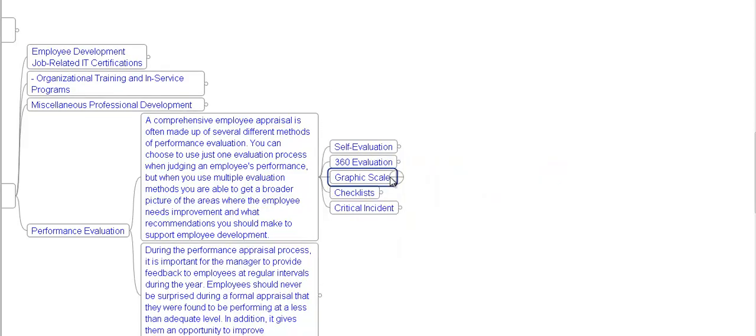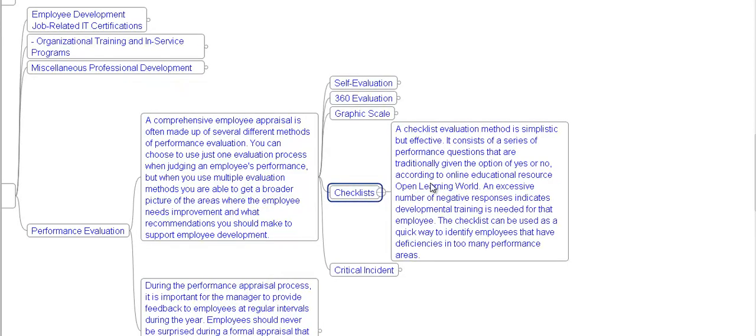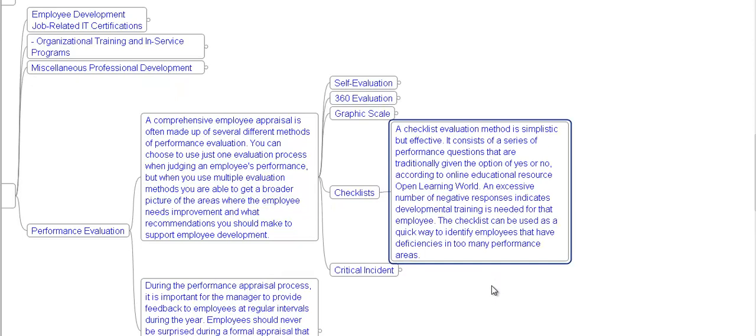Checklist. The checklist evaluation method is simplistic but effective.